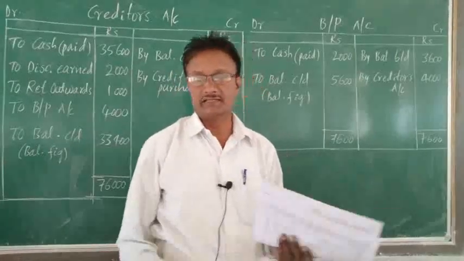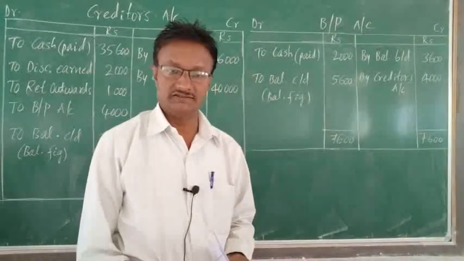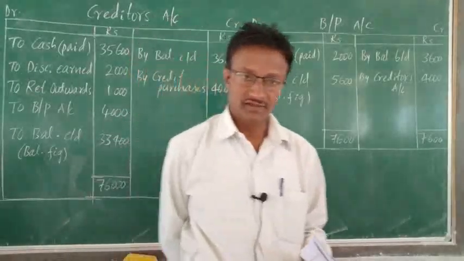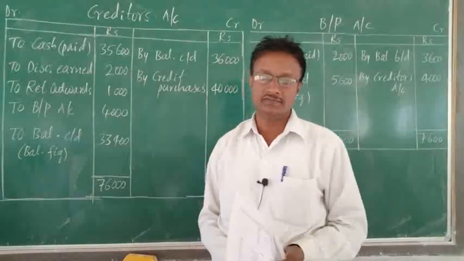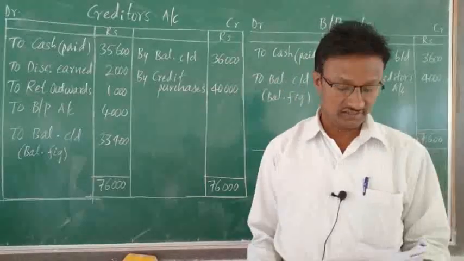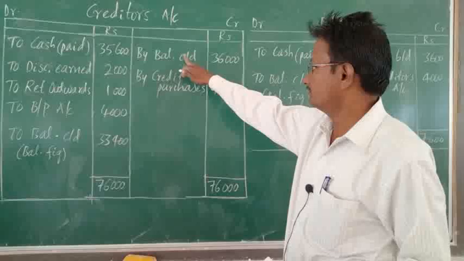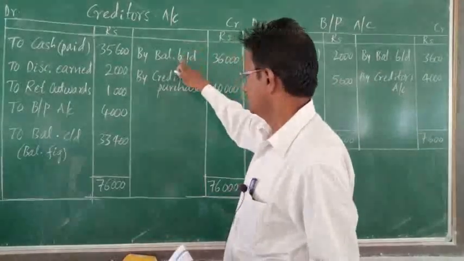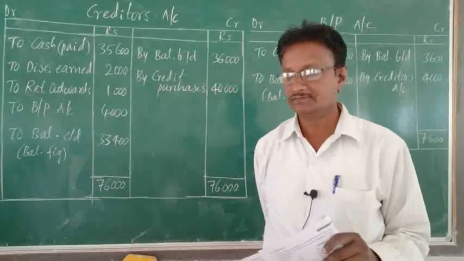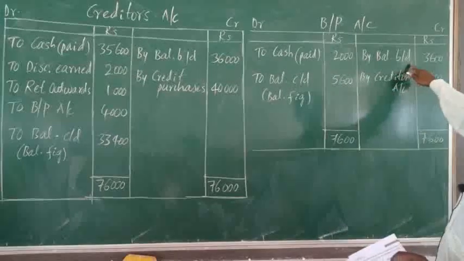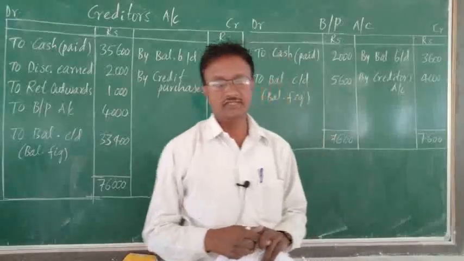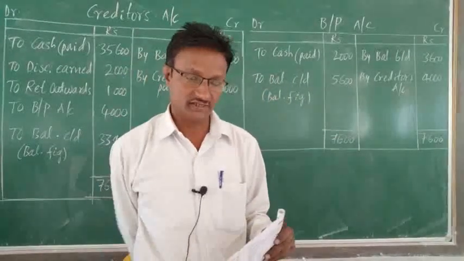Take the opening balances. These accounts show credit balances, so take the opening balances on the credit side. They are available in the opening statement of affairs. On the liability side, creditors is given as 36,000, so by balance brought down 36,000. And bills payable is also given, so by balance brought down 3,600.